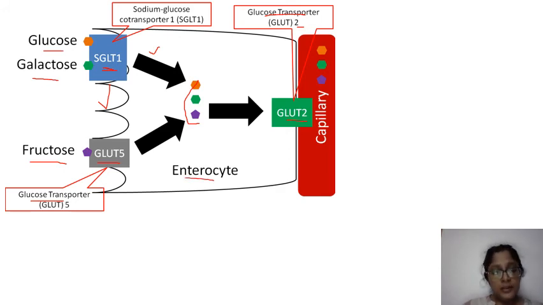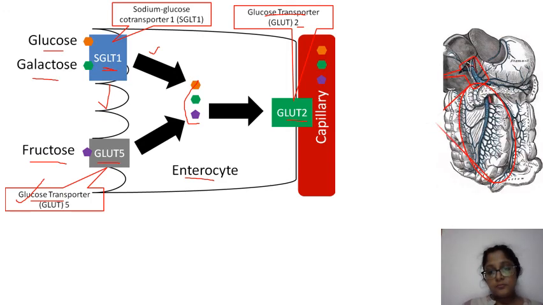Fructose will move via facilitated diffusion with the help of glucose transporter GLUT5, and it will also move to the enterocyte. All of them together will move to the capillary with the help of glucose transporter 2 or GLUT2.